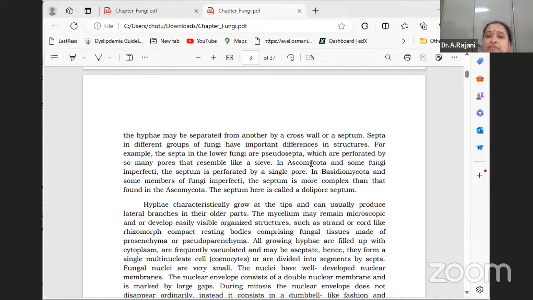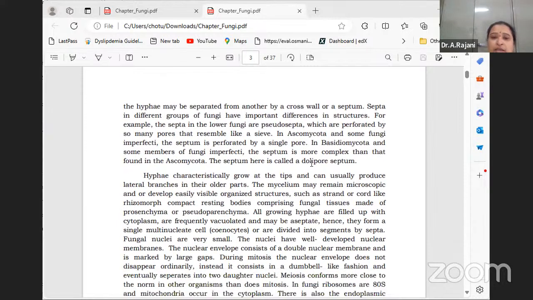Septa in different groups of fungi have important differences in structure. For example, in the lower fungi, the starting fungi after algae, the second group is the fungi, no?